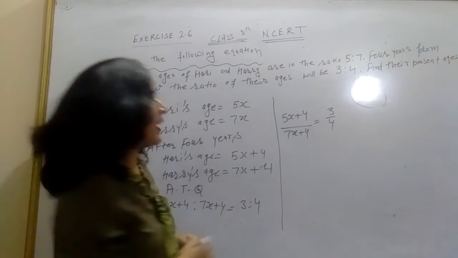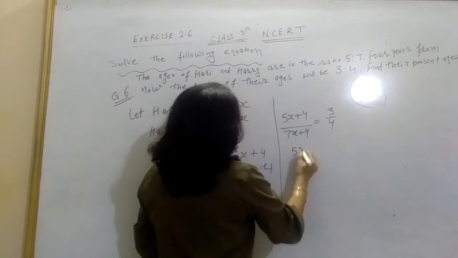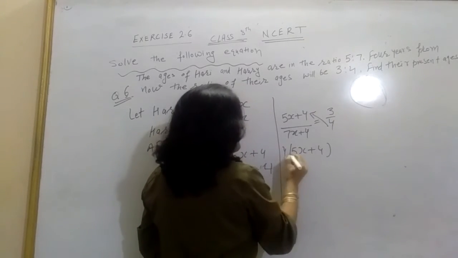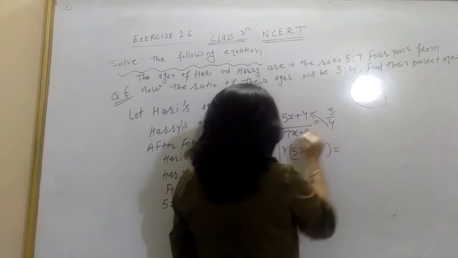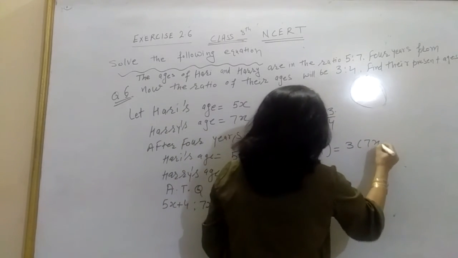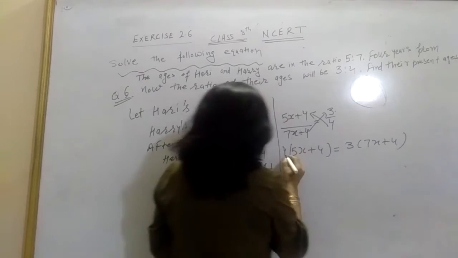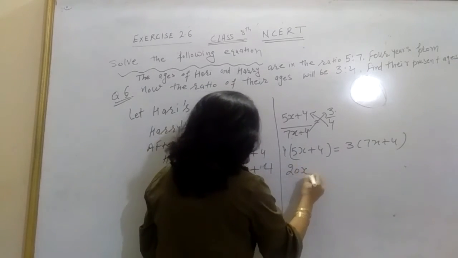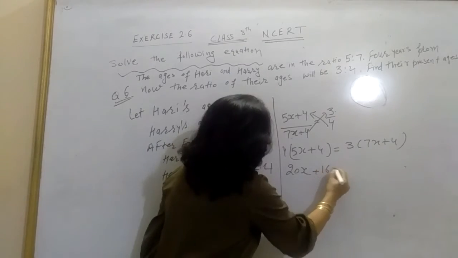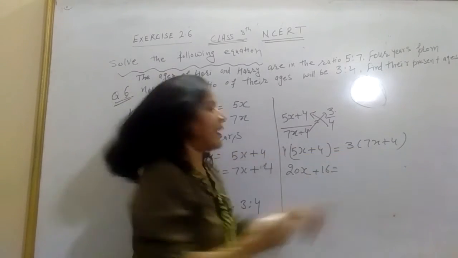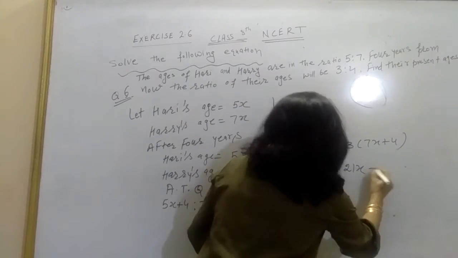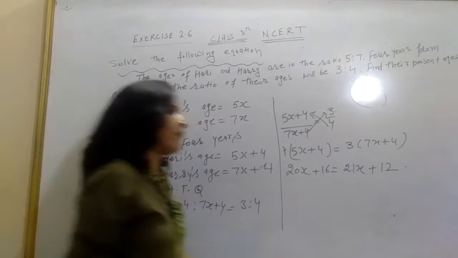Cross multiplying. 5x plus 4 will be multiplied with this 4 and this 3 will be multiplied with this 7x plus 4. So 4 into 5, 20x plus 4 into 4, 16 and 3 into 7x, 21x plus 3 into 4, 12.